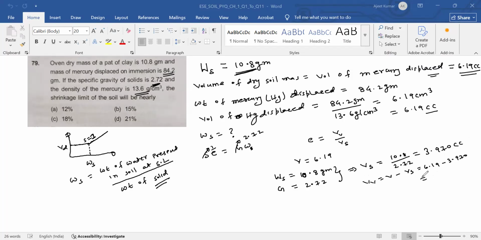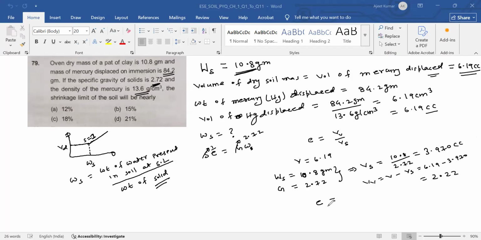If we subtract these two, we will get 6.19 minus 3.970, that is 2.22. This is 2.22.